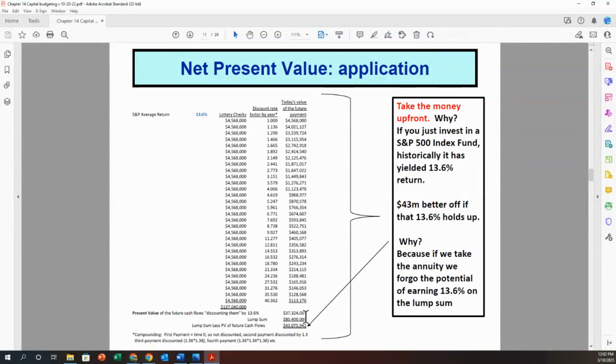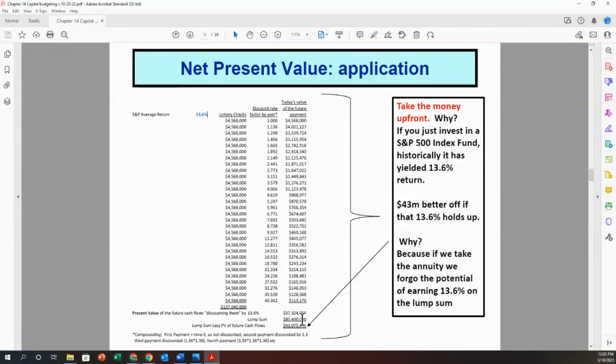I did it just as an absolute value. So I'm $43 million better off if I take the lump sum, given that I think I can earn 13.6%.